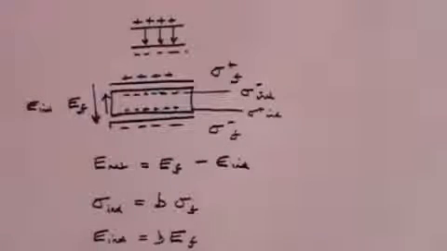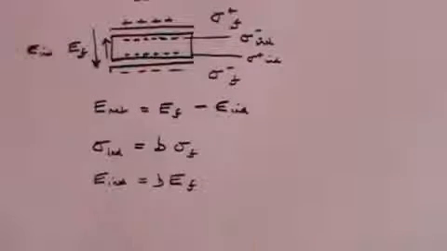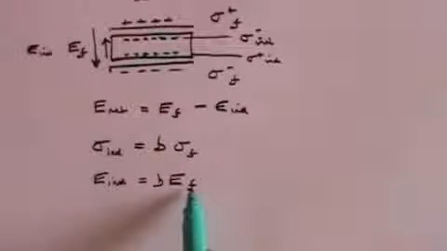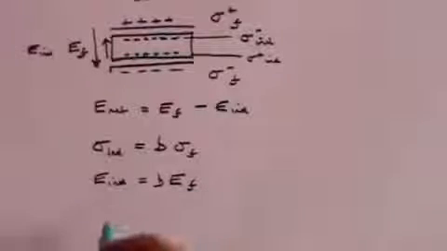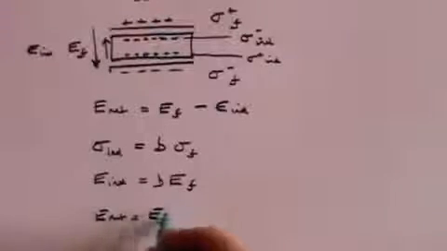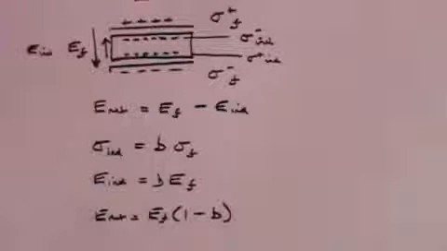You'll be able to see that in my video on fields in the A-level revision series. And that means that since E net equals E free minus E induced, and E induced is B times E free, E net is equal to E free times (1 minus B).